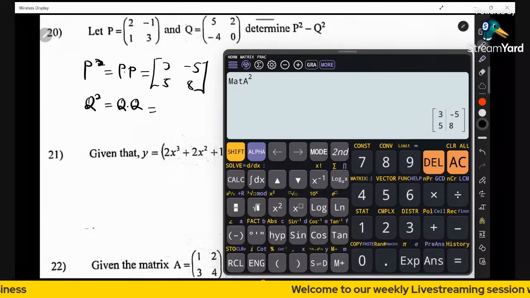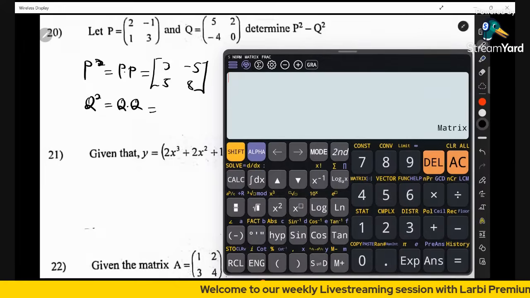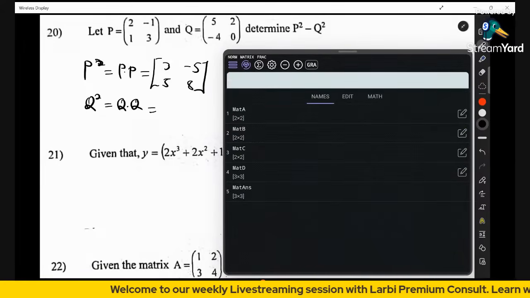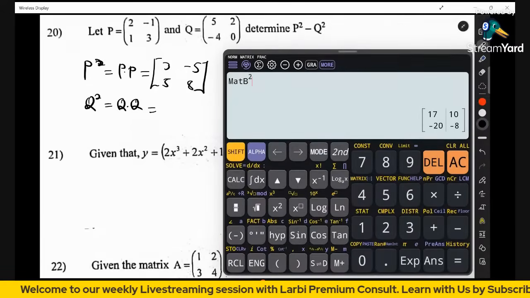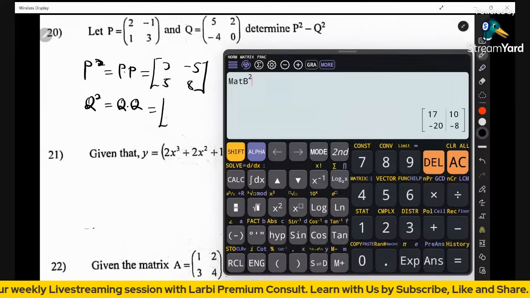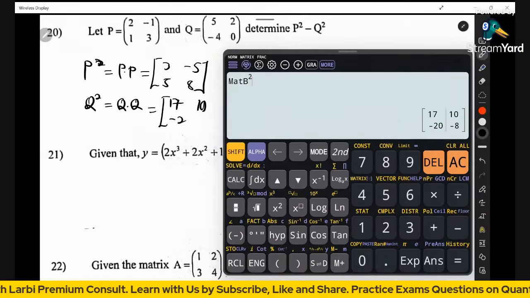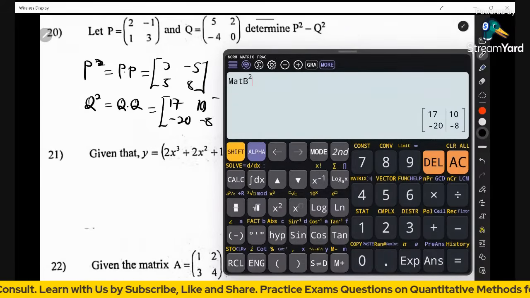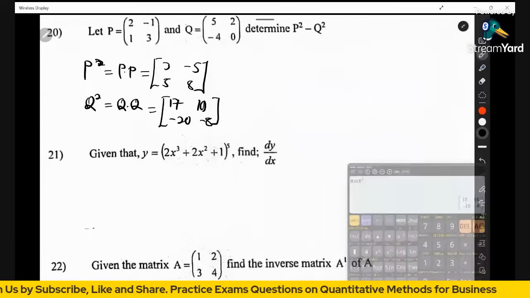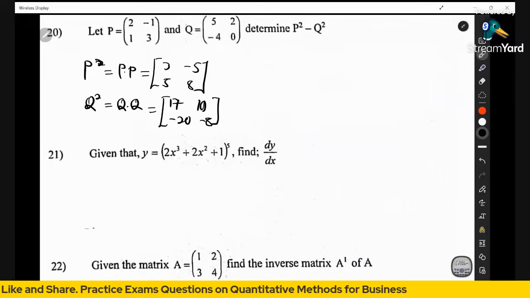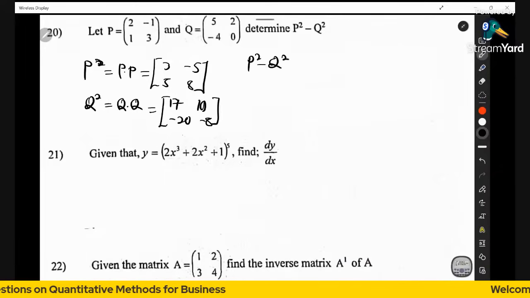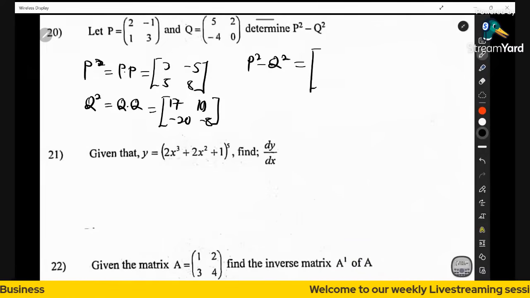So let's see. That one, go to Shift 4. So B squared, that becomes the Q part. With my calculator, I was getting 17, 10, -20, -18. Once you get that, you take the difference between the two. So P squared minus Q squared should be equal to, it is just actual subtraction.